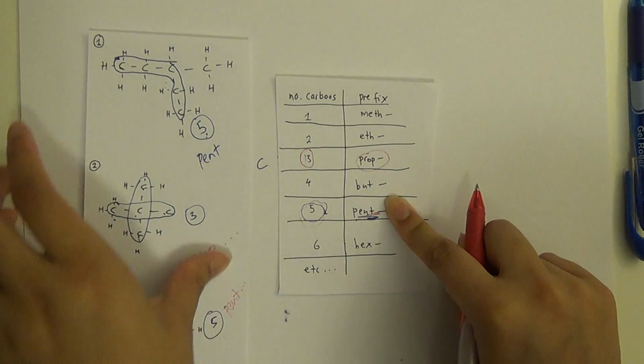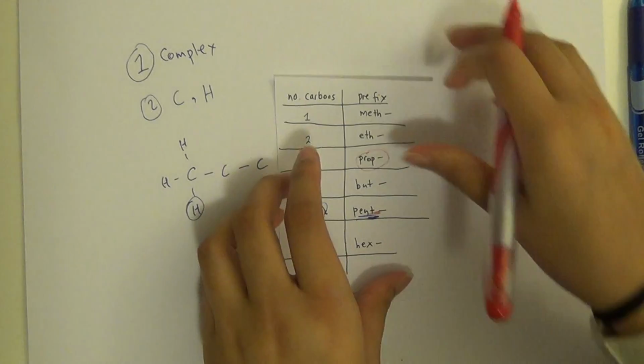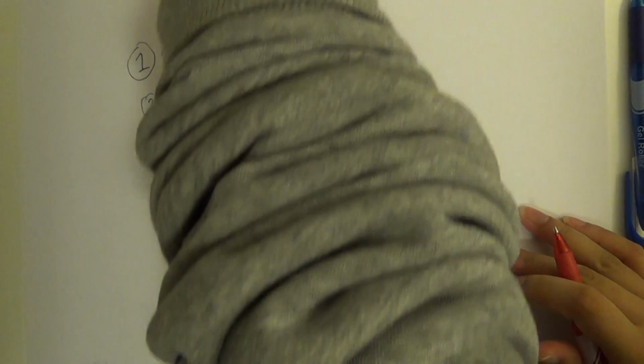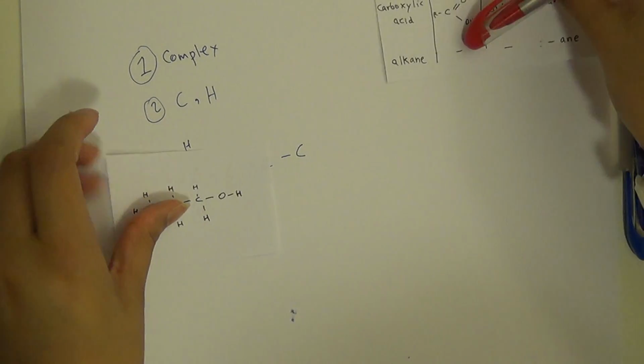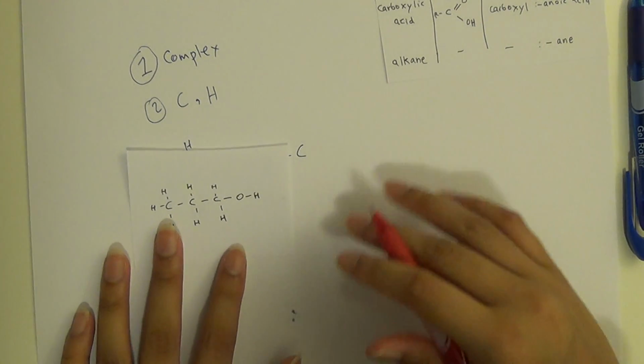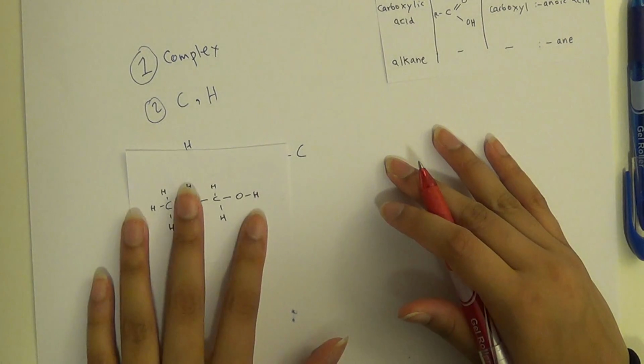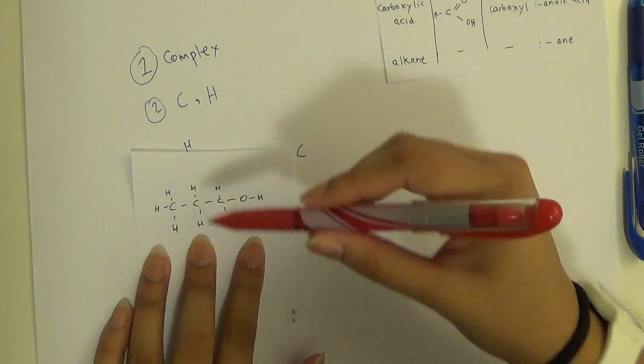Now the second part of it is to see whether the molecule has any functional groups. Functional groups are basically groups attached to the carbon which define what the compound is.